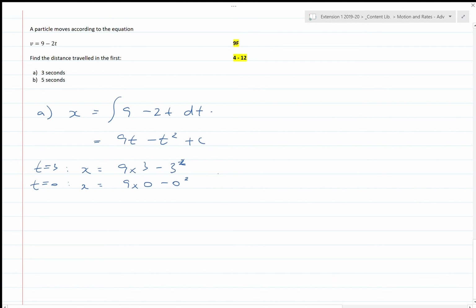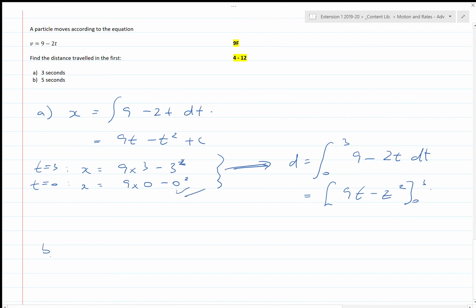Alternately, instead of doing all that, you could just say the change, the distance, is just the integral from 0 to 3. And you get exactly the same thing as this. You can do exactly the same thing for part B and just go 0 to 5 of the integral. That's not a trick, but a way to do some questions a little bit shorter.